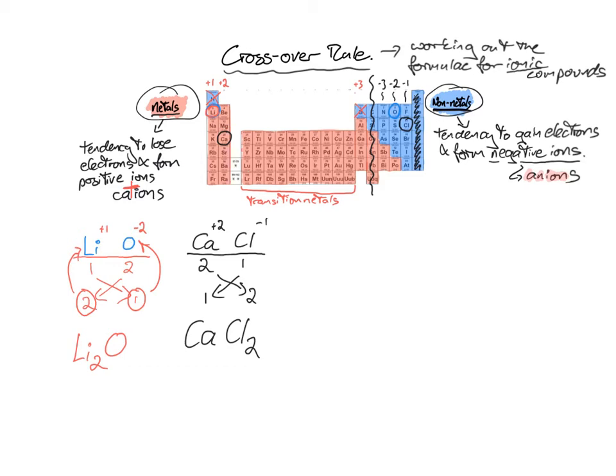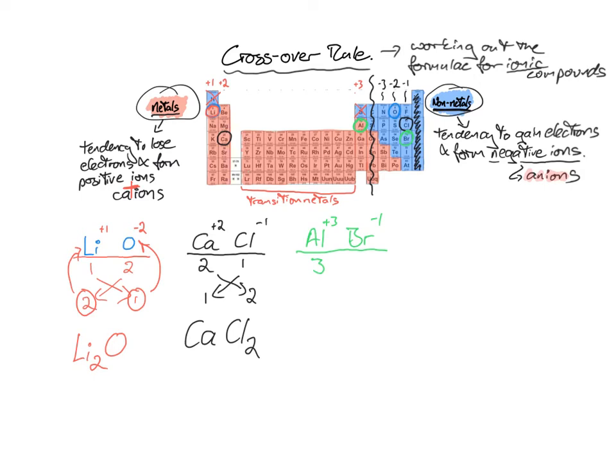Let's do a couple more because I think you're probably getting the hang of this by now. Right, let's do aluminium bromide. Aluminium, Al, bromide, Br are just the symbols. Don't worry about diatomics or anything. What are the charges? Al +3, Br -1. Draw your line underneath.